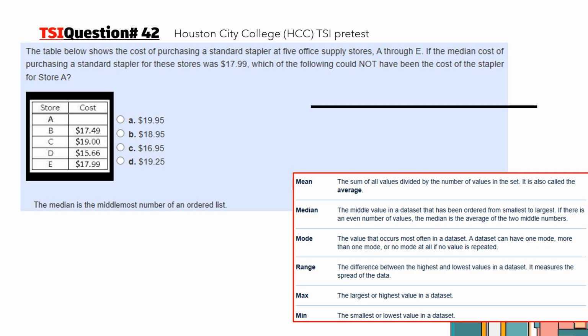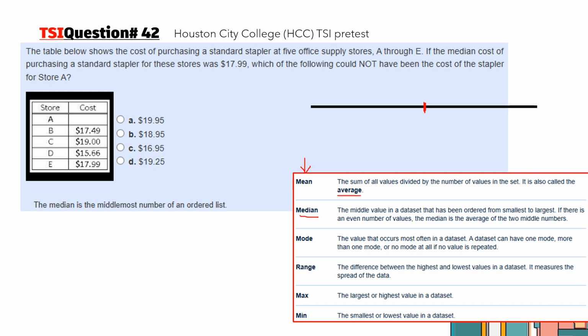To start, we will review the mean. What is the mean? We have the definitions and the vocabulary right there. The mean is the average. The median is the value at the middle point of the range.